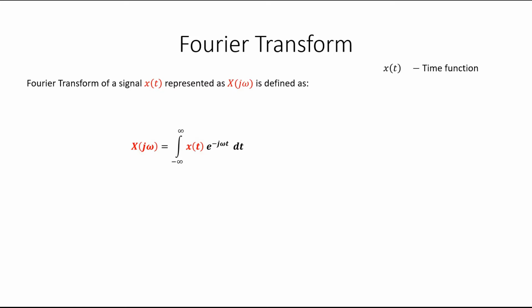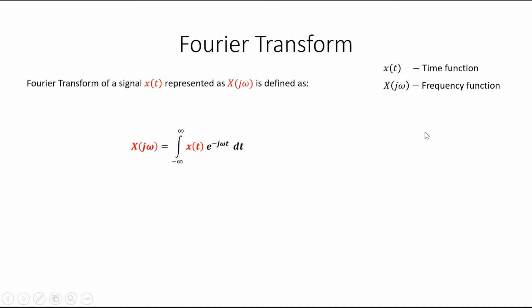So x of t is a signal, and the signal is a function of time t. So it is a time function, and the Fourier transform is a function of frequency. So it is a frequency function. By doing the Fourier transform, we are converting the time domain function into a frequency domain function.